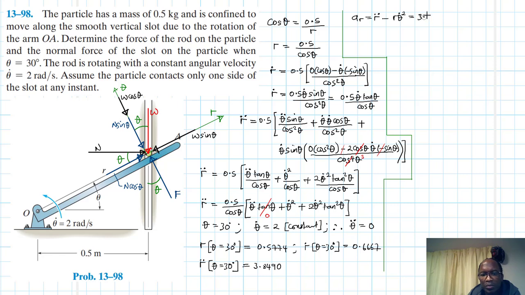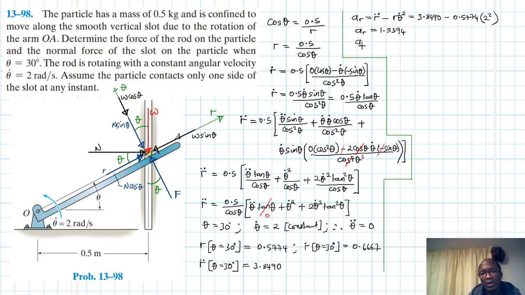This is equal to 3.8490 minus R, and our R is 0.5774, by theta dot squared. Therefore, our AR will be equal to 3.8490 minus 0.5774 times 2 to the power 2.